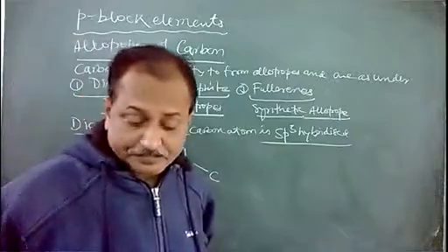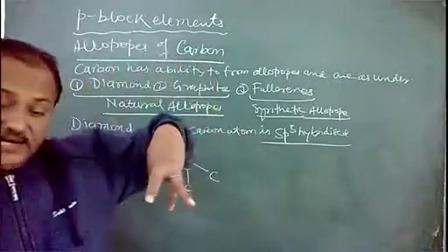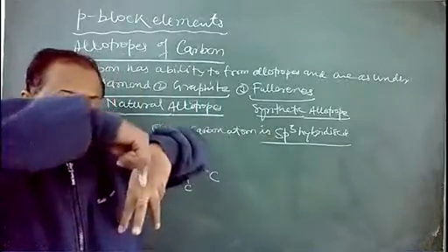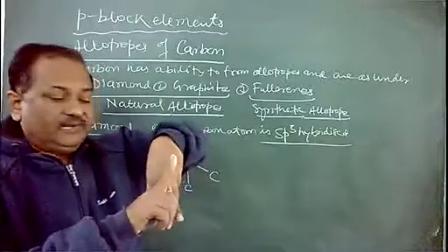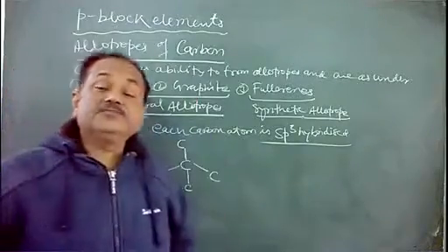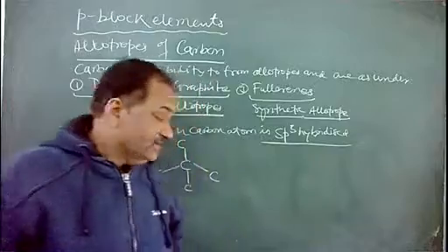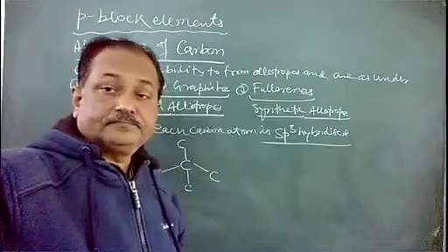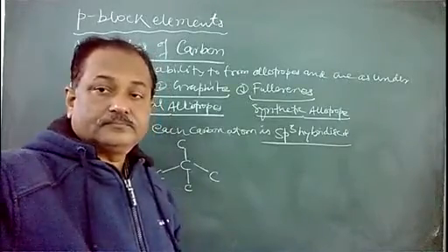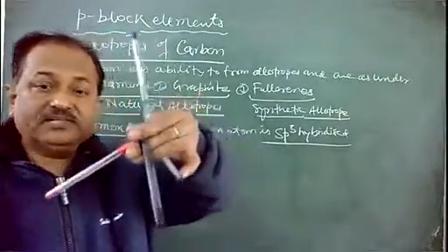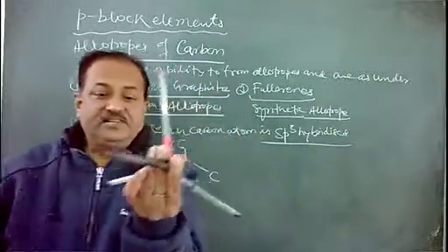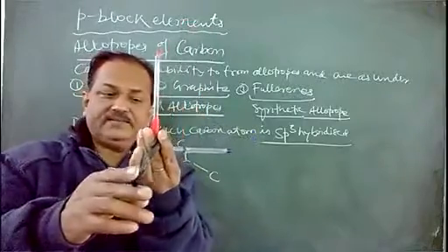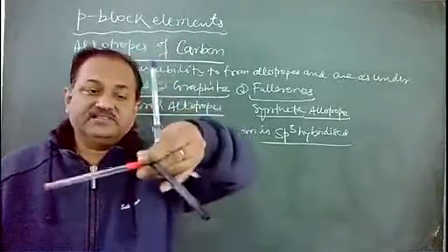If we see how they are arranged, see these my 3 fingers, and if I put the fourth one like this here, this forms a tetrahedral. This type of structure is called tetrahedral, and this is the tetrahedron, children. In any case, the bonds are similar.